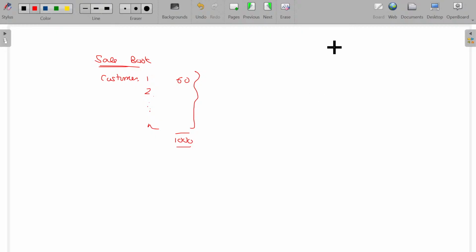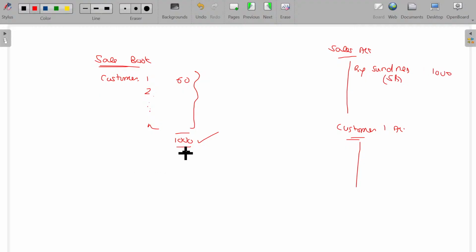From the sales book, you are going to prepare the sales account, and you prepare the customer 1 account. This total will go to the credit side of the sales account, so by sundries from sales book, the value being 1000. As you transfer the total of the sales book to the credit side of the sales account, this should go to the debit side of the customer account.